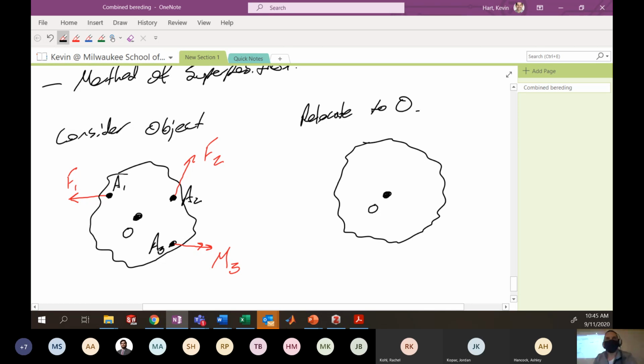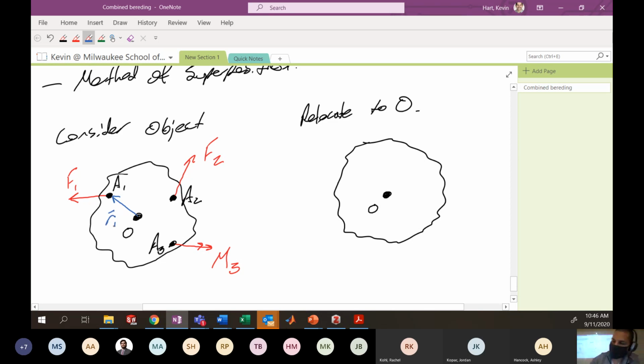To relocate a force, that relocation also gives me an equivalent moment. If I'm relocating to point O, there exists a vector that points between point O and A1, and that position vector we can call capital R1.